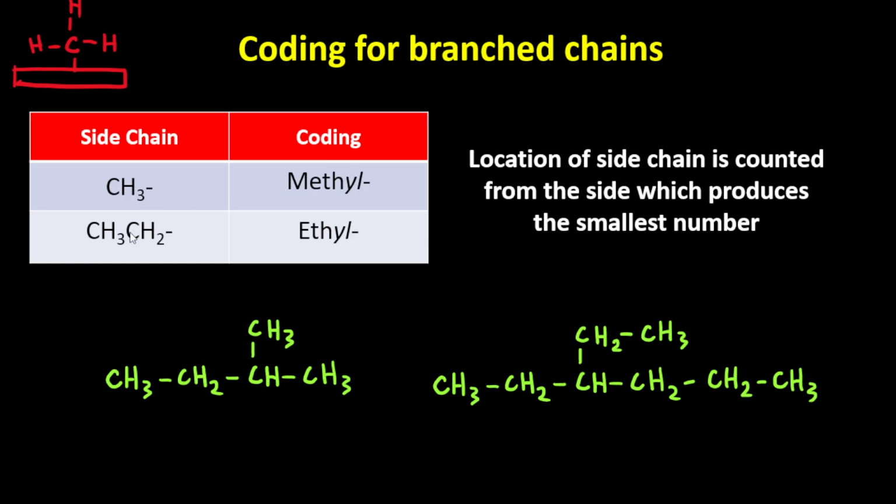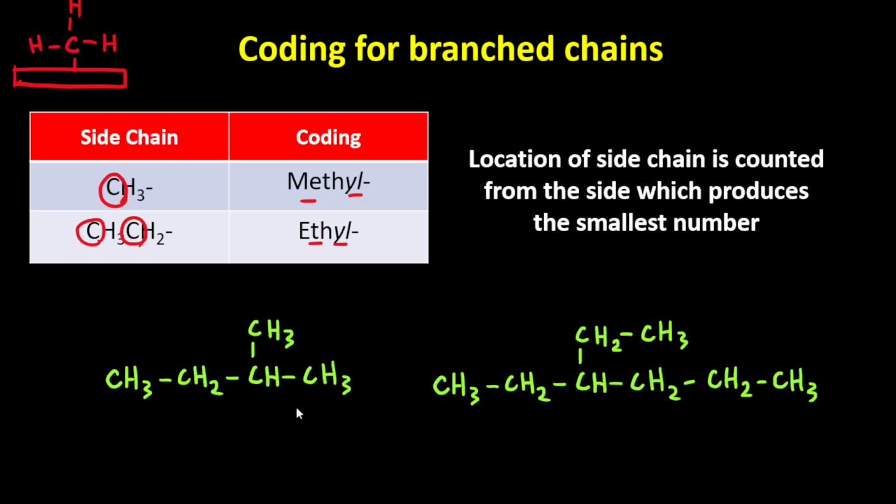And if we have 2 carbon atoms, it becomes ethyl. So -yl tells you that it is a branch, and the meth- or the eth- in front simply tells you how many carbon atoms you have. But the rest is still going to be the same.